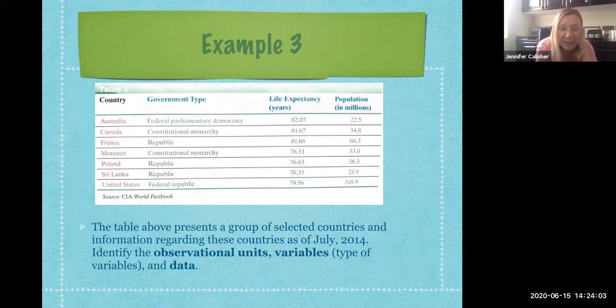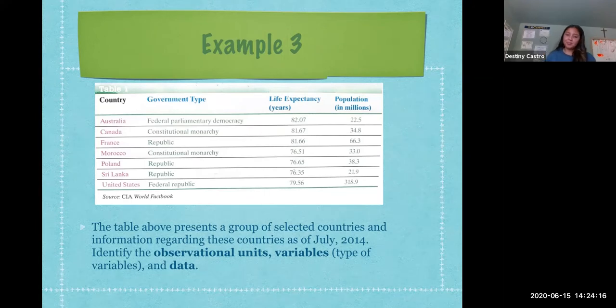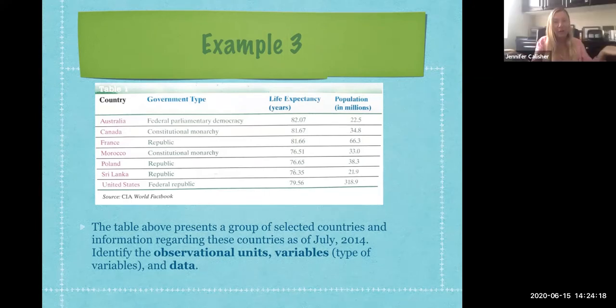Okay, and the next thing is, what type of variables are those? So Destiny, what type of variable is government? Is it numerical? I'll help you. Is it numerical or categorical? Categorical. Exactly. Miranda, what about life expectancy? Is that going to be numerical or categorical?